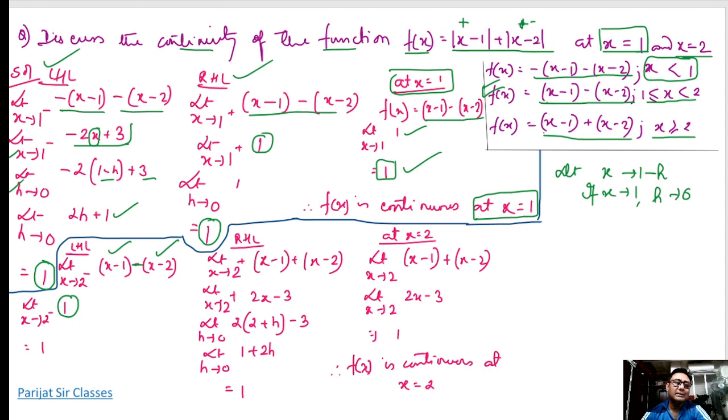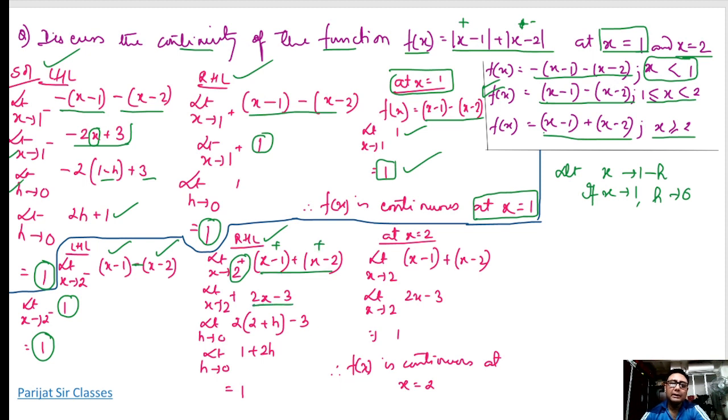So when we test the left hand limit at x tends to 2, we are getting the answer as 1. Similarly for the right hand limit, that means more than 2, both the parts will become positive. So this comes out to be this.